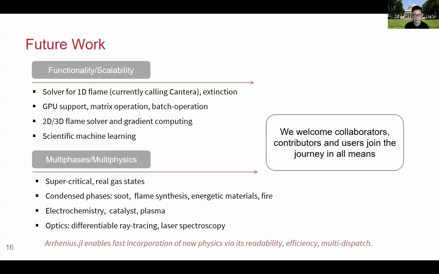One of the very exciting features of the Julia programming language is that it has very good readability and transparency, in the sense that you don't need very good programming skills in C++ or Fortran, but still you can make your own physics model in a very short time period.